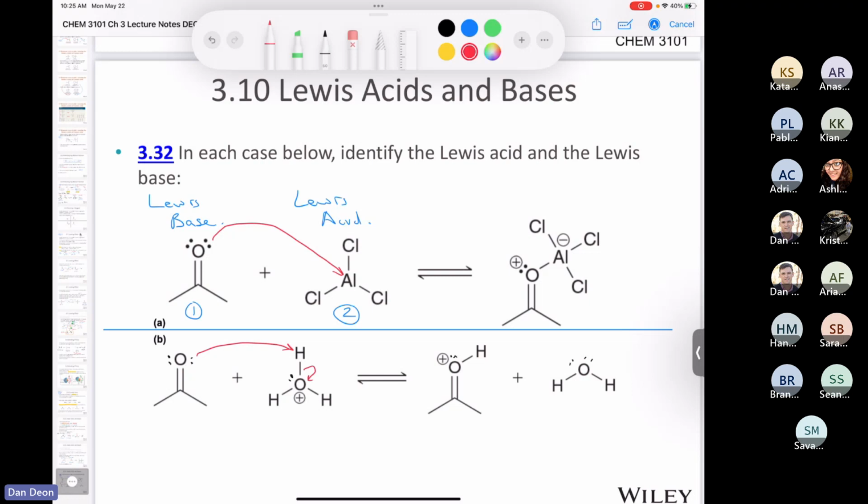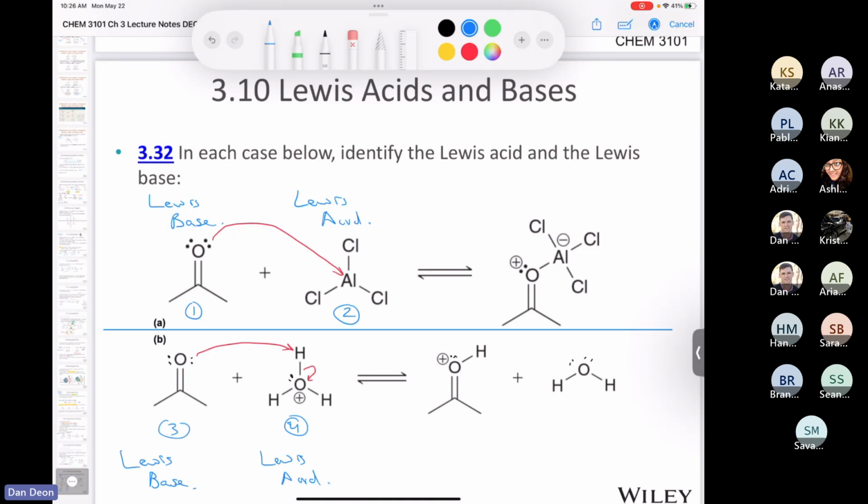So which one is donating a pair of electrons? If I call this 3 and I call this 4, which one is donating a pair of electrons? Absolutely, right? So this is going to be my Lewis base, and this one is going to be my Lewis acid.